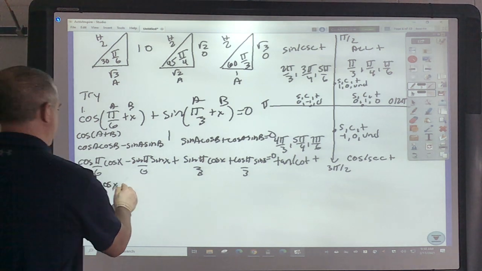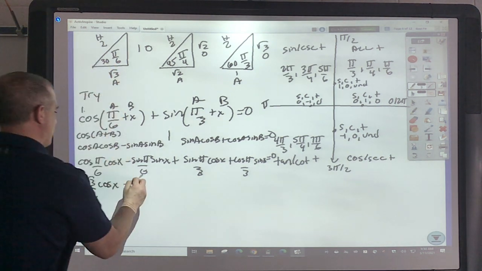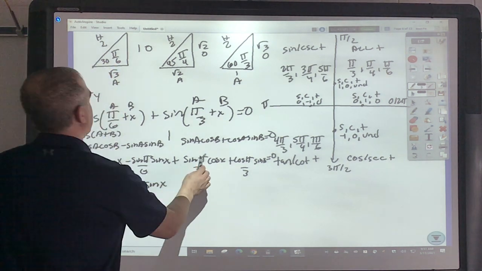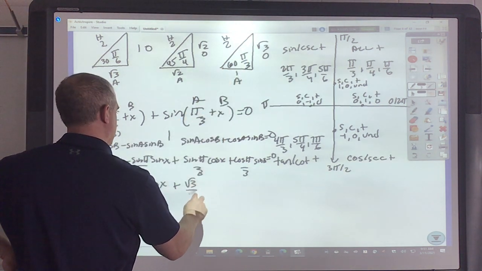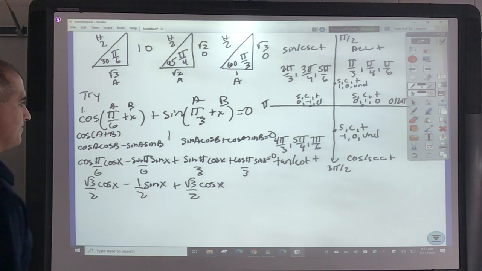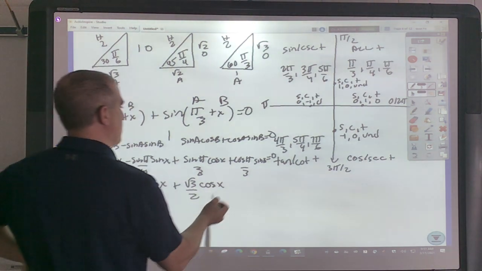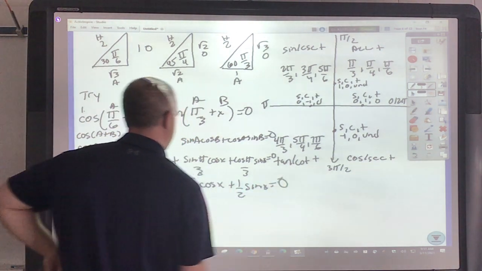Minus, sine of pi over 6, which would be minus 1/2 sine of x. Sine of pi over 3 would be square root of 3 over 2, cosine of x. Cosine of pi over 3 would be 1/2 sine of x, equaling 0.